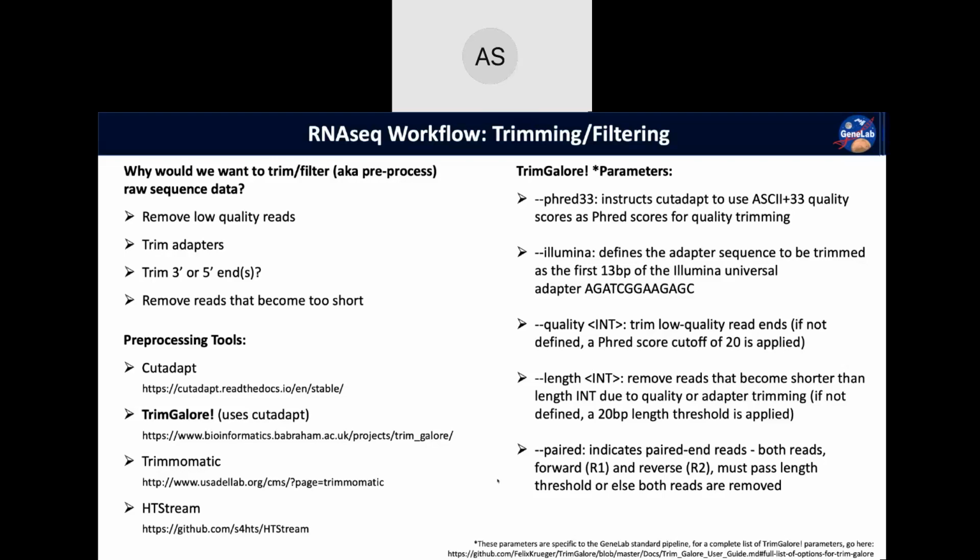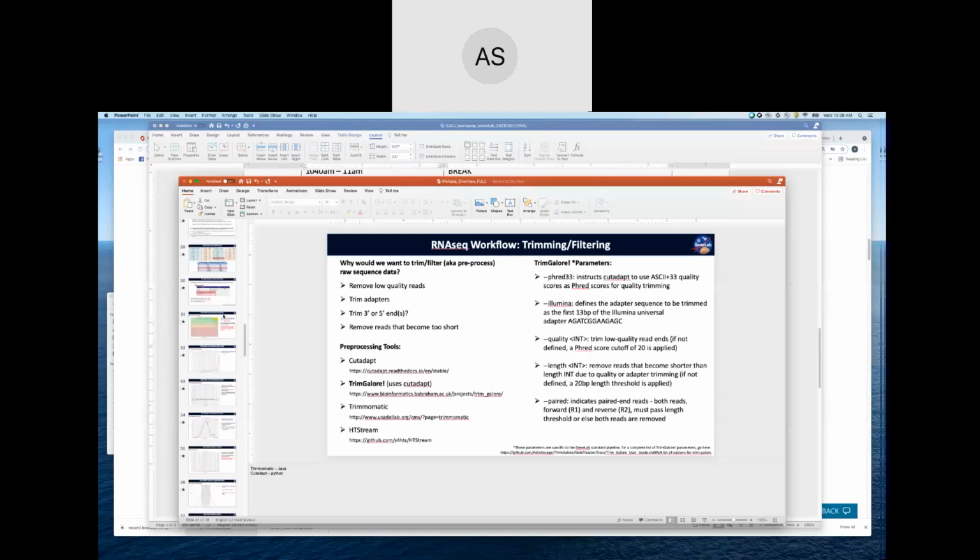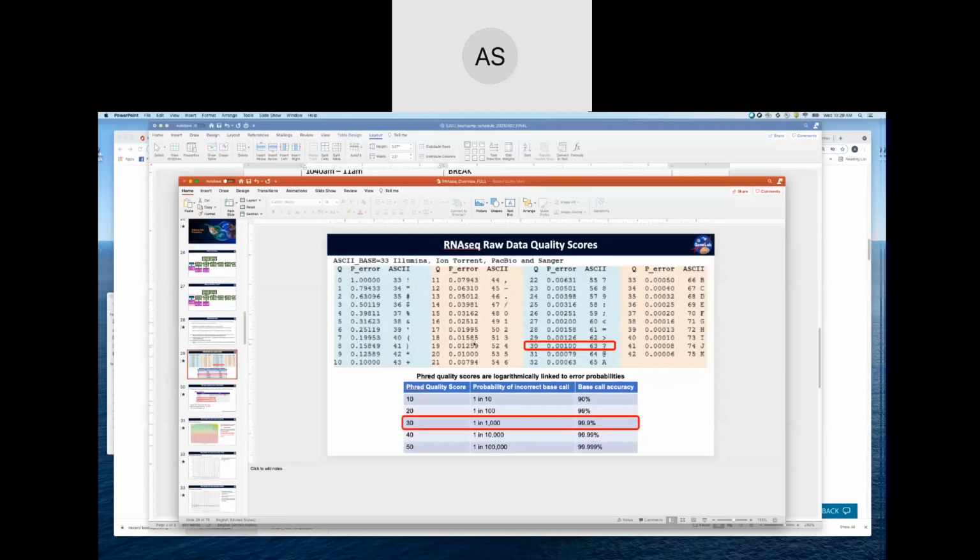So Phred 33 is just telling you what the code is. The code is written in ASCII, and the base of that code, from basically where it starts with how these symbols are selected, is base 33. I think before, some of these were base 64, I want to say.